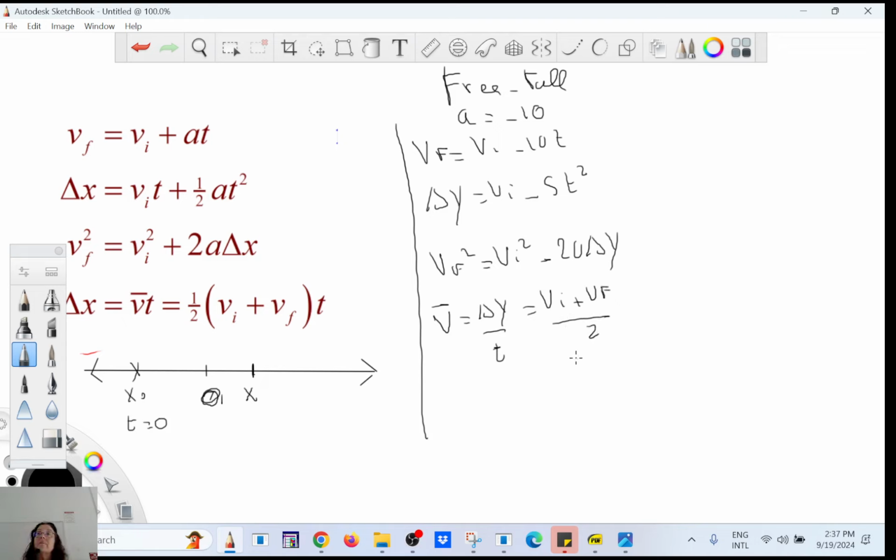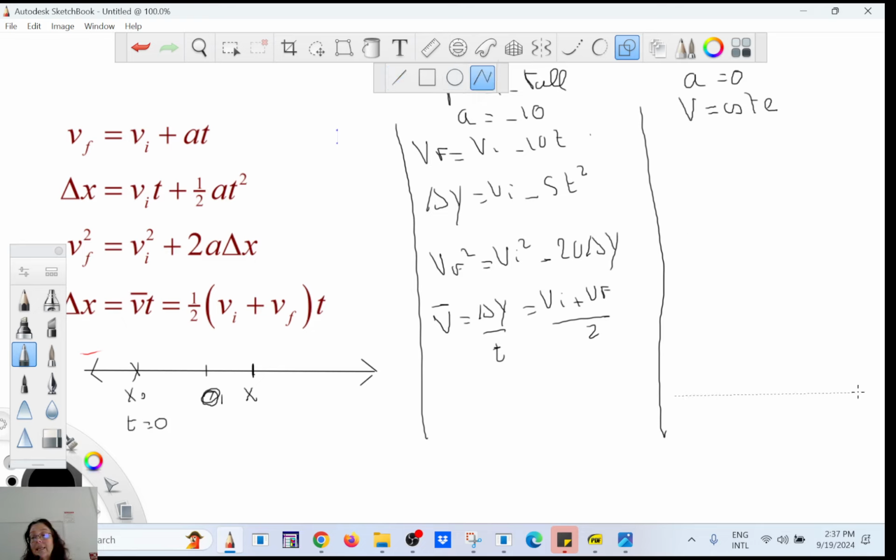Only for free fall. And then if there is no acceleration, so the velocity is constant, you are again moving along the x-axis here.